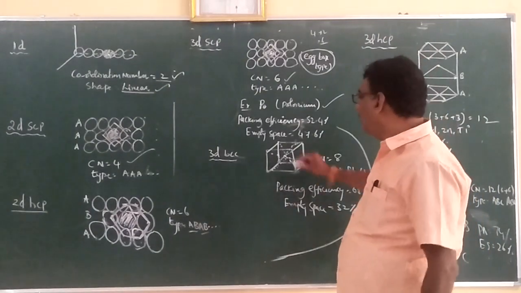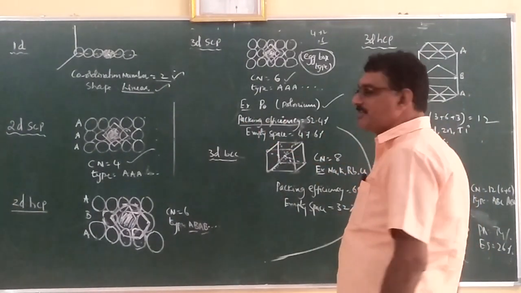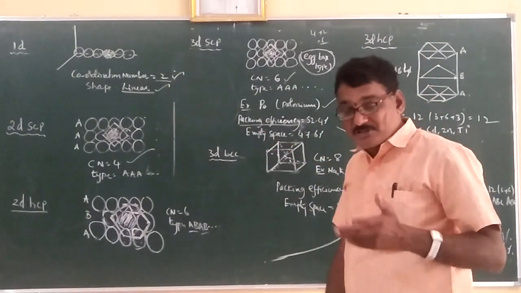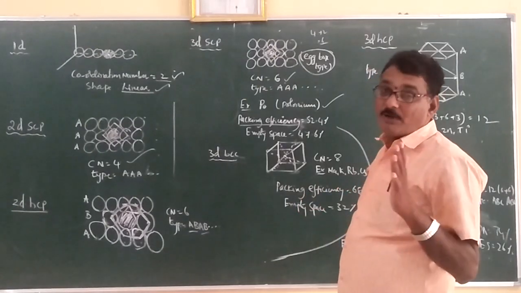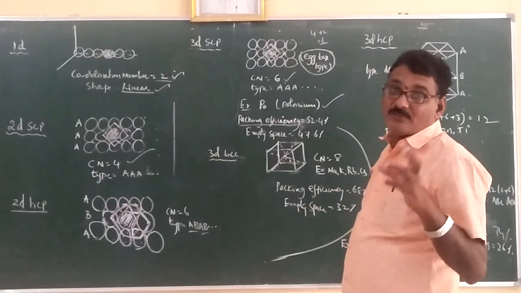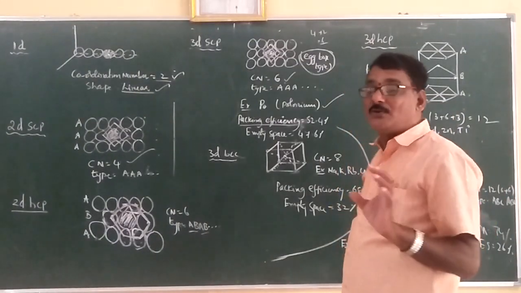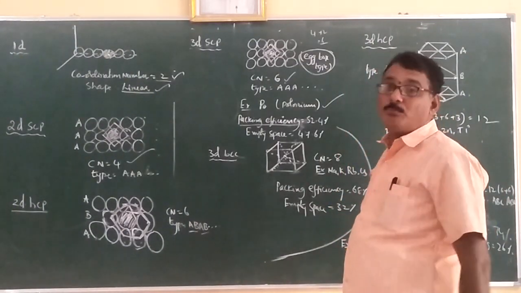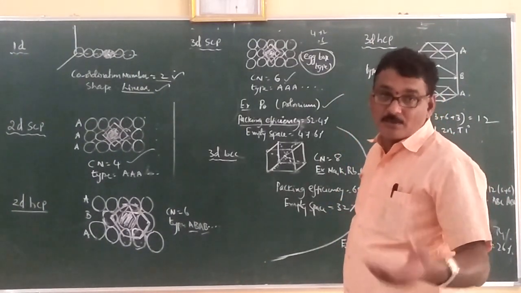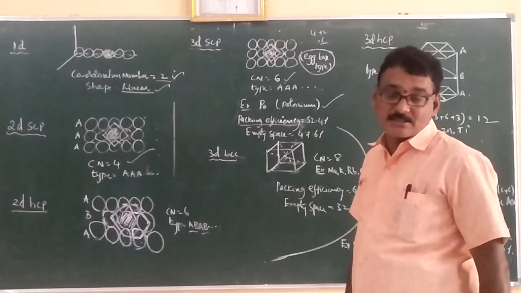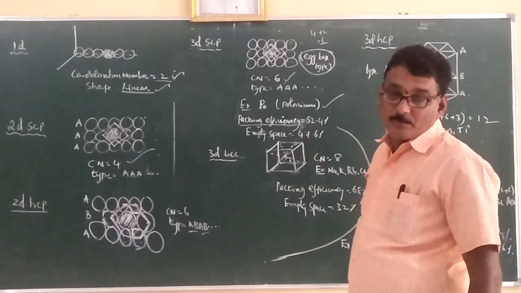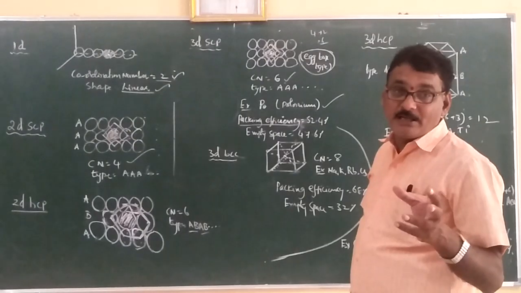Now, what are you writing here? Packing efficiency. Packing efficiency means the number of atoms occupied in this SCP is equal to 52.4%. Next we have to explain packing efficiency. Orally, what am I telling?